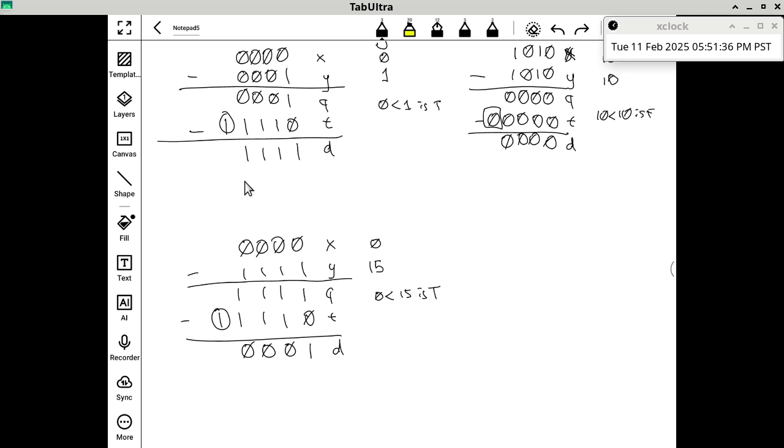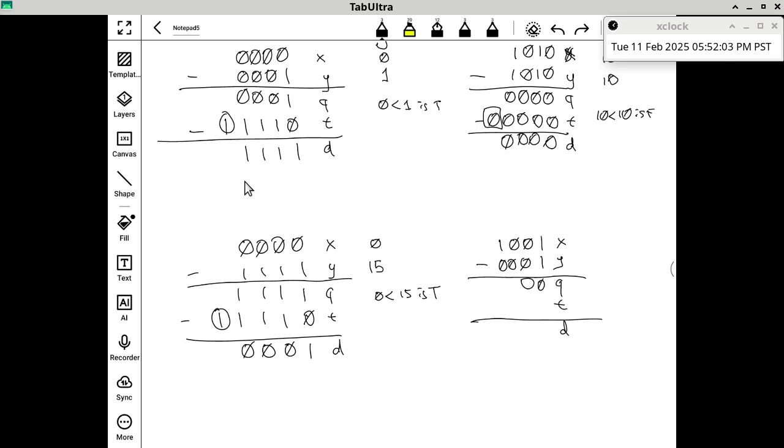Okay, cool. And then we're going to look at yet another case. Let's say 1, 0, 0, 1 is my x. And then we subtract, say, 1 from it: 0, 0, 0, 1, which is y. This one is also super easy because there's no borrow in this case.